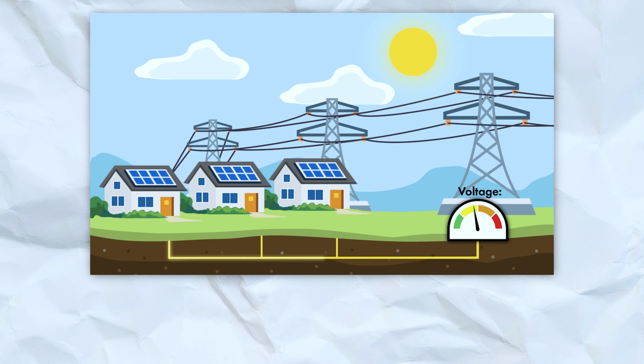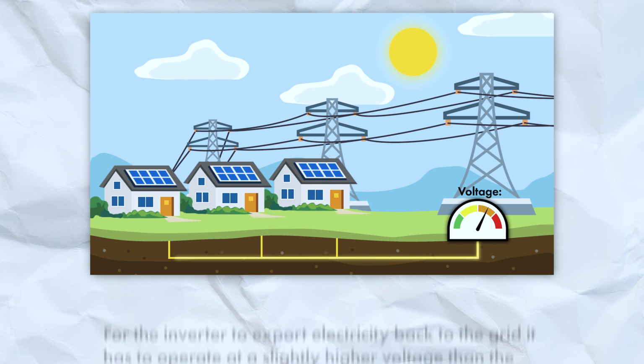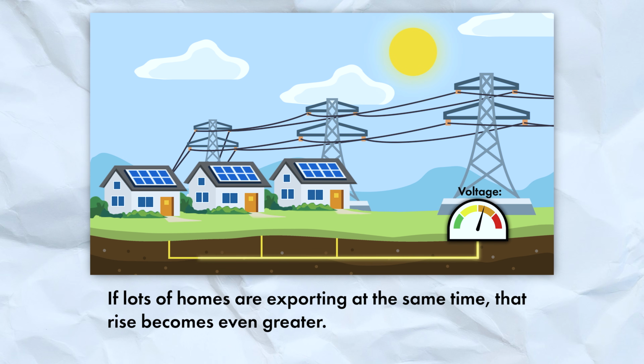But what actually happens to the grid when you install a solar system which starts to export? Well, whenever a household exports electricity, the voltage in the local network rises. That's because for the inverter to be able to push electricity back to the grid, it has to operate at a slightly higher voltage than the grid is. Now, if lots of homes are exporting at the same time, that rise becomes even greater.